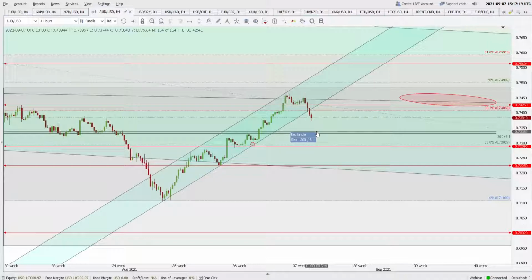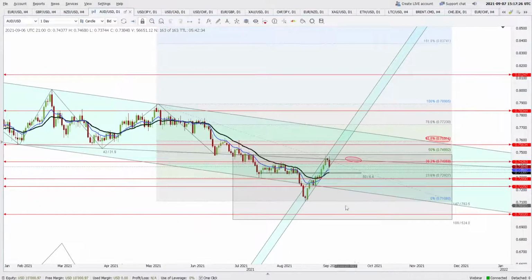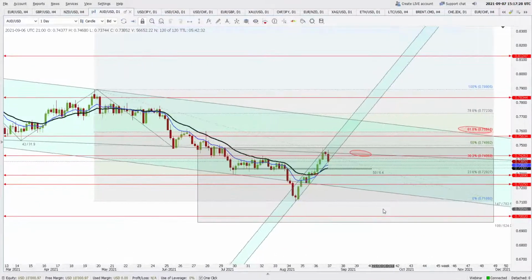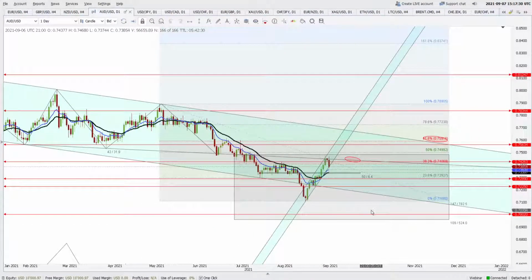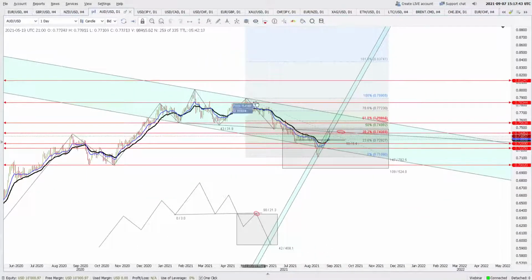One can look for a selling opportunity, but this has been so bullish on the daily chart. I will say, rather than selling this market, you should be looking for a buying opportunity as and when it arises. But no, you see, we have broken through the head and shoulder pattern.